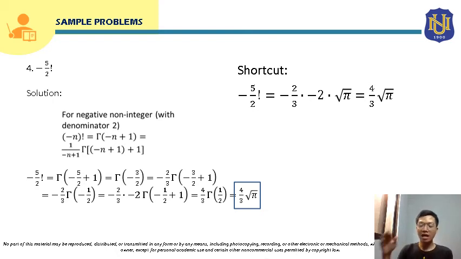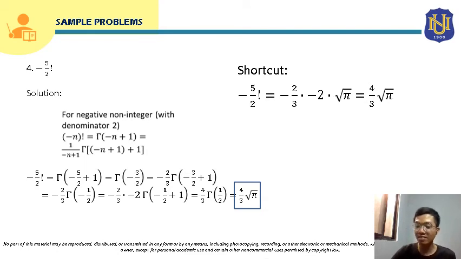And then negative 5 halves plus 1 will be negative 3 halves. You get its reciprocal, so that is negative 2/3, right? And then negative 3 halves plus 1 will be negative 1 half. So you get its reciprocal, that is negative 2.